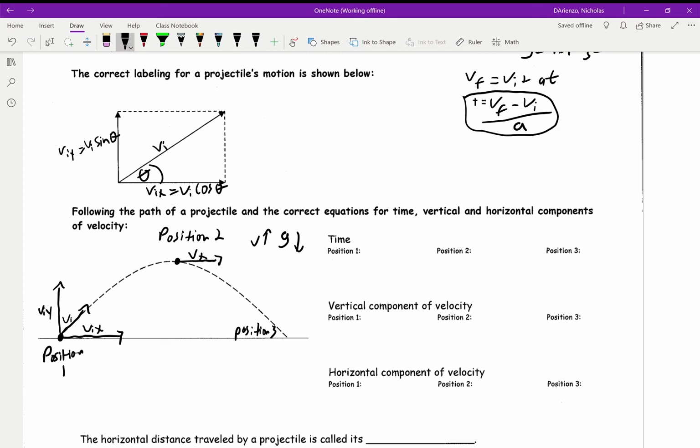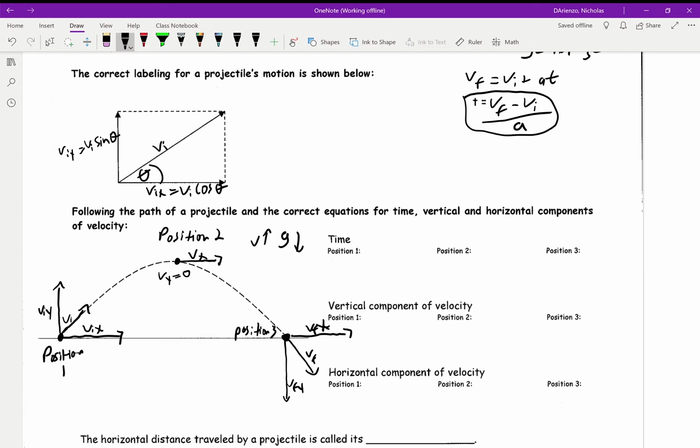So at position 2, the vertical component of velocity, v of y, is 0. At position 3, we have a final velocity, and we also have a final velocity in the y and a final velocity in the x direction.